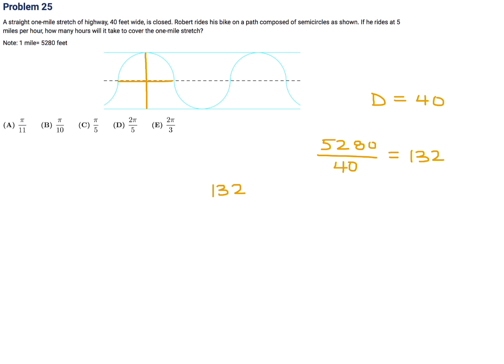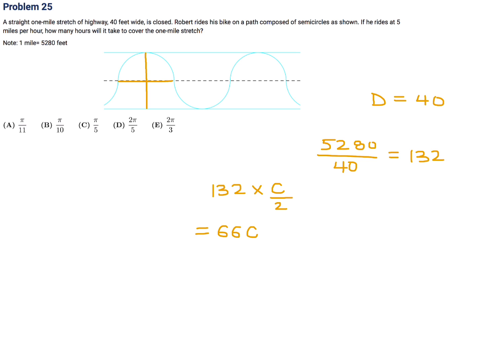And each semicircle has a circumference of circumference divided by 2. Circumference of the circle divided by 2. So 132 times the circumference divided by 2 will give me the total distance that he's traveling, since he's going in this weird pattern. Okay, this is basically 66c.